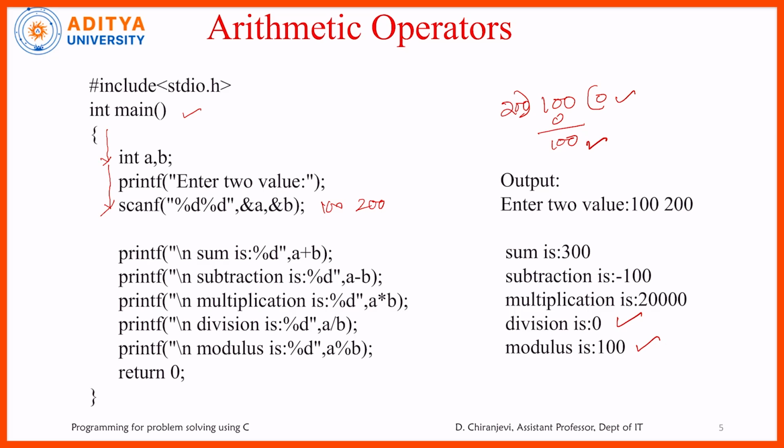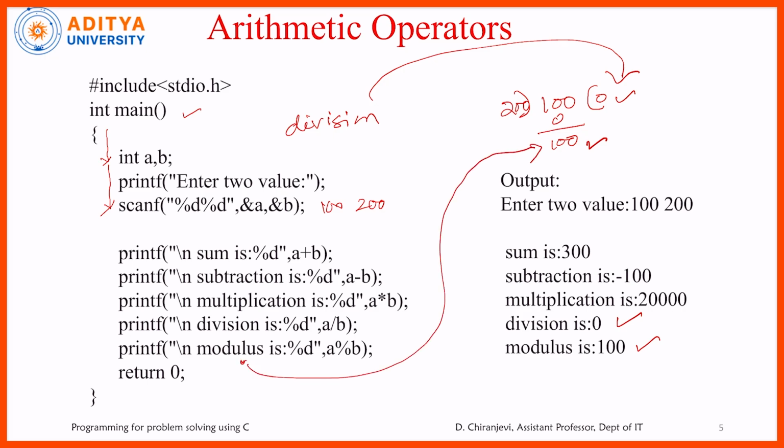For division we need to look at the quotient, and for modulus we look at the remainder. In this program you read two values, then performed all the operations in the printf statement itself. It will print the statement, and for the respective format specifier it will display the result value.